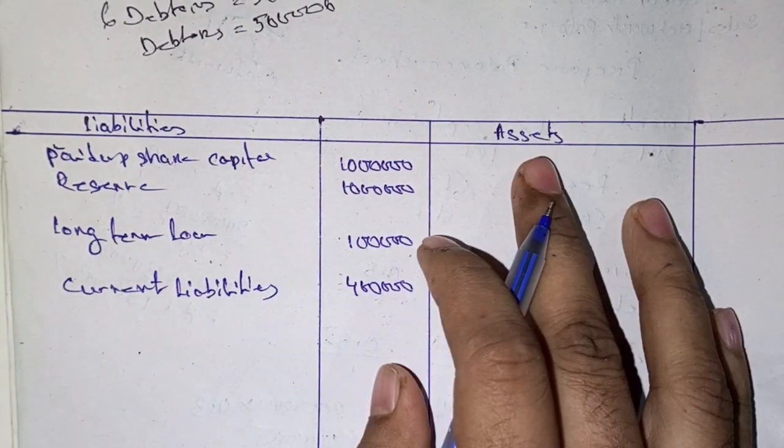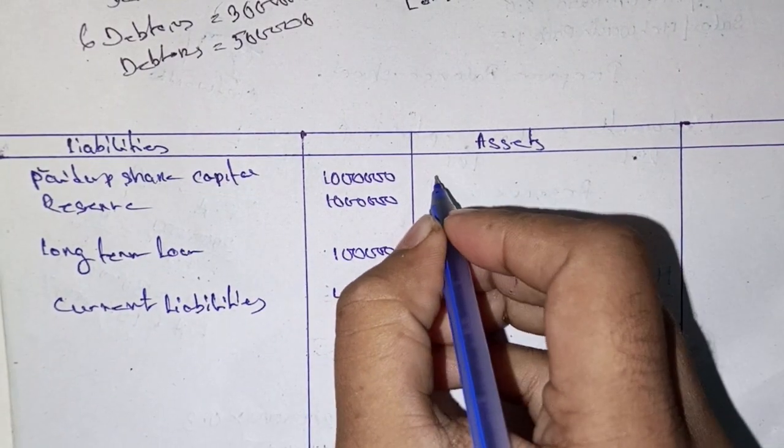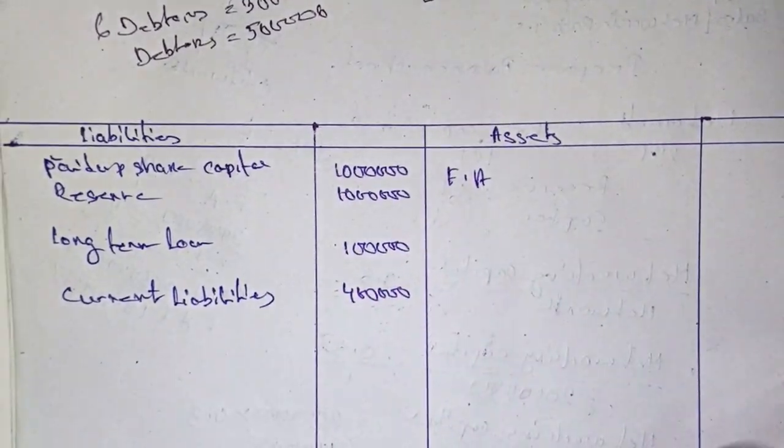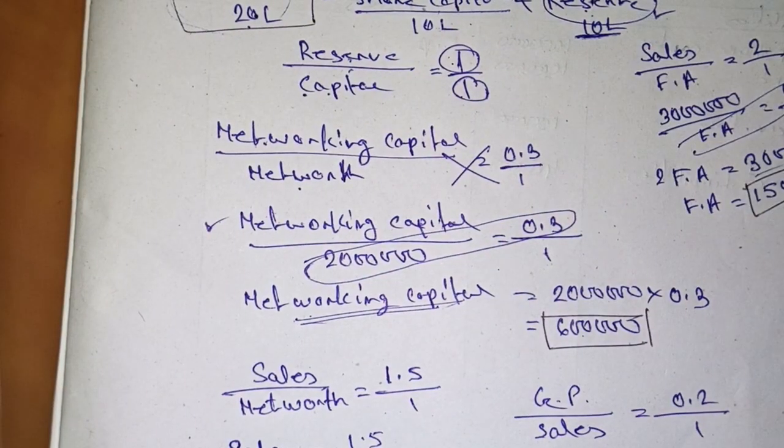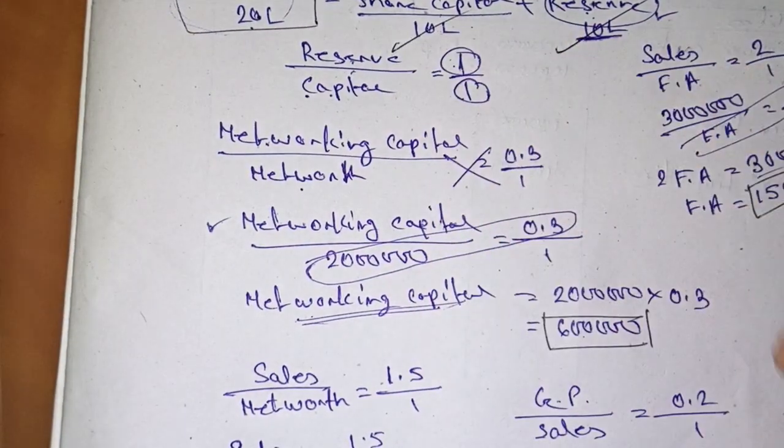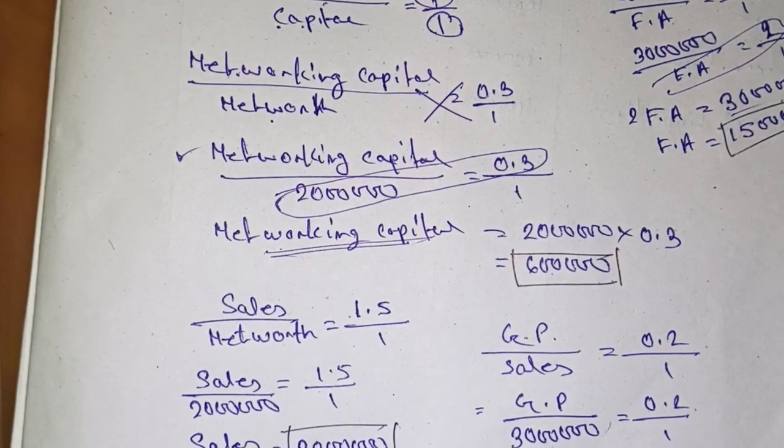Then come to the asset side. Here I am going to put the fixed asset. So this one is complete, this one is complete.